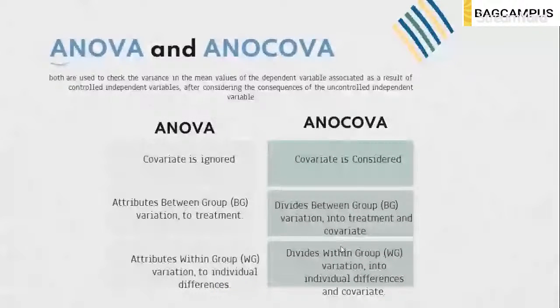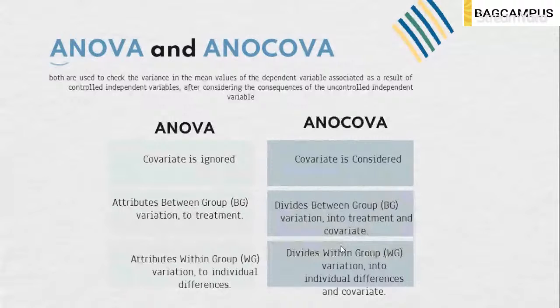Both ANOVA and ANCOVA are used to check variance in the mean values of the dependent variable as a result of controlled independent variables, after considering the uncontrolled variables. In ANOVA the covariate is ignored, while in ANCOVA the covariate is considered.